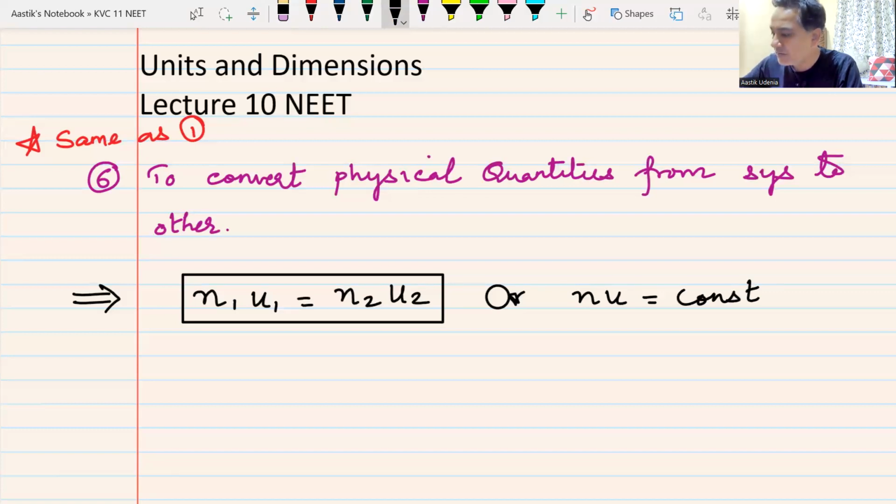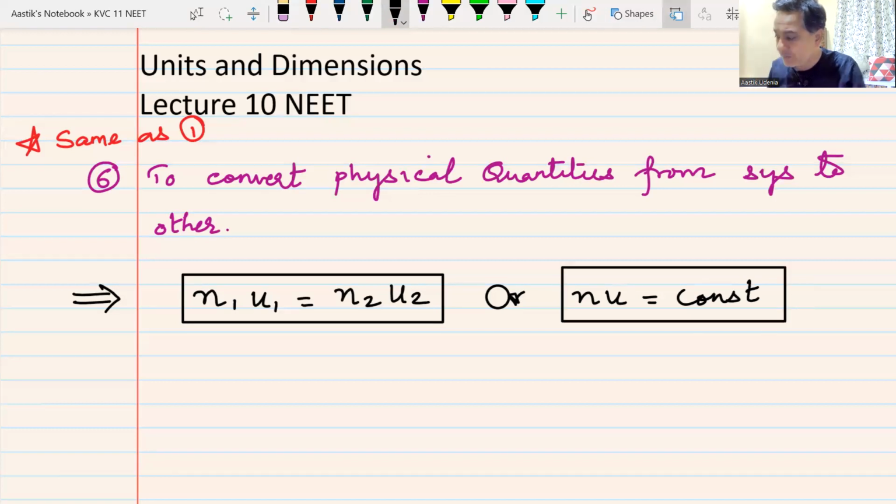Now, the question is, what do you mean by N and what do you mean by U? What is N1 or N here? And what is U1 or U here?